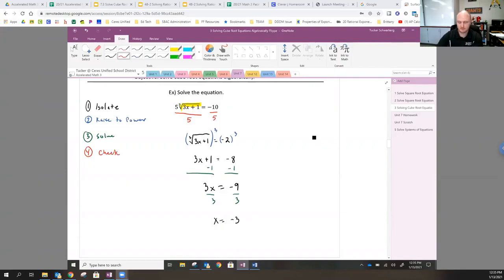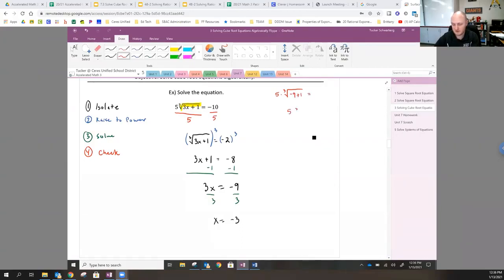Step 4, I'm going to go ahead and check. If I plug in -3, is the left side equal to the right side? So I'm checking over here. Okay, so 5 times the cubic root of 3 times -3, which is -9. All right, I just plugged it in, -9 plus 1. What is this equal to?